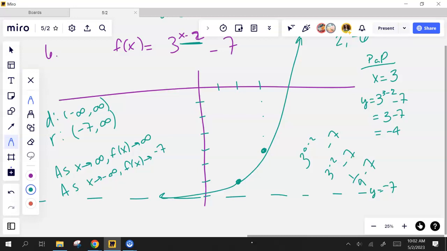So the y-intercept is about negative 6.89, 6.9. The 3 to the negative 2 is the same thing as 1 over 3 to the second, which is 1 over 9. When it's negative, it flips and becomes positive.